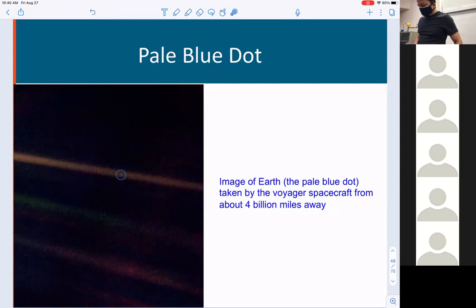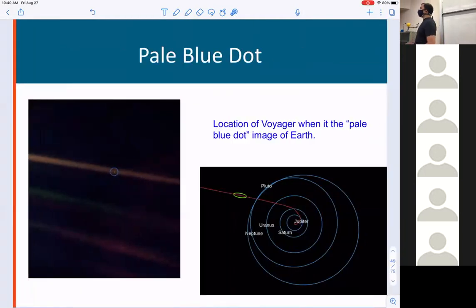What you're looking at here in this tiny spot is planet Earth. This beam of light here is just an optical effect. The way this picture was taken, it's actually the world's most amazing selfie. We sent out, I think this was Voyager 1 or 2, maybe Voyager 2, a satellite that went out and is still going right now.